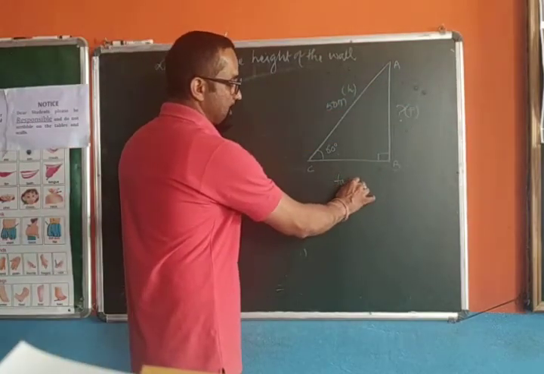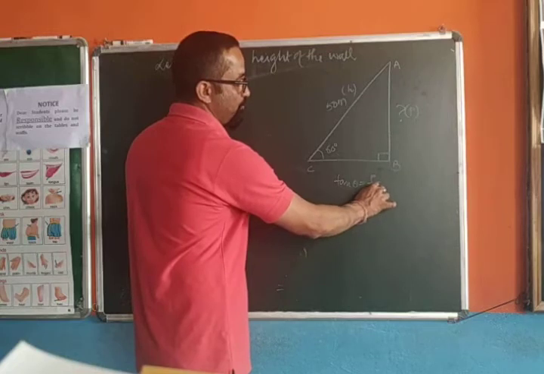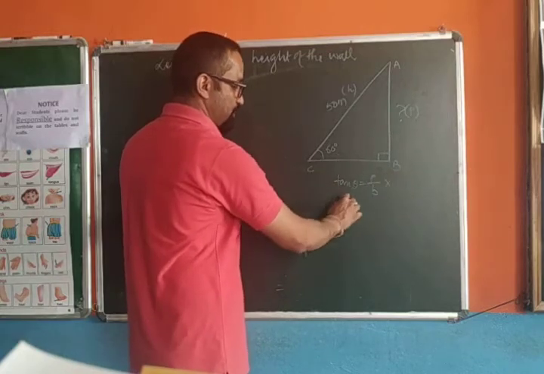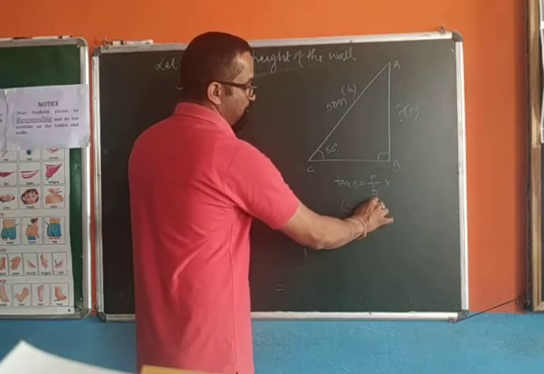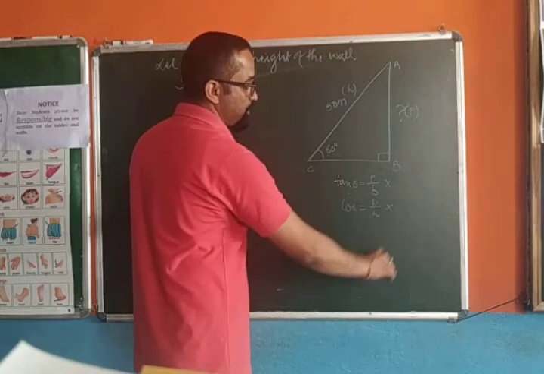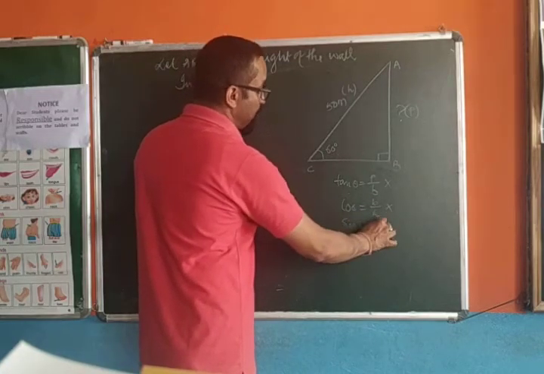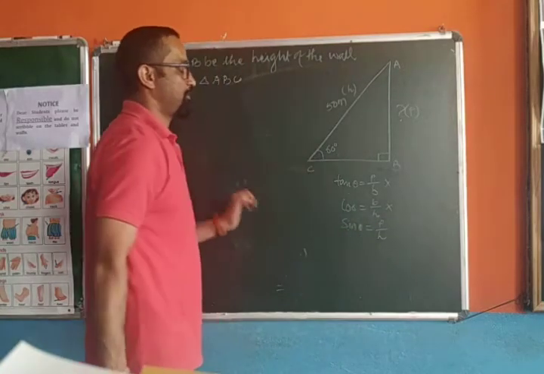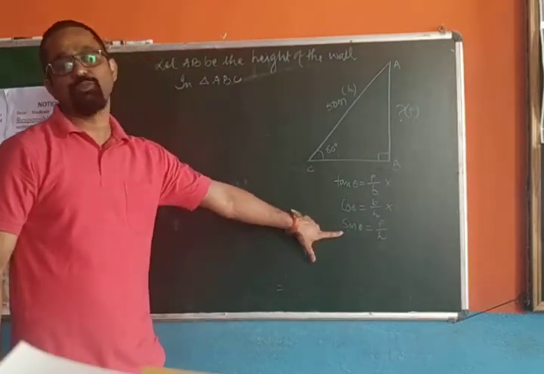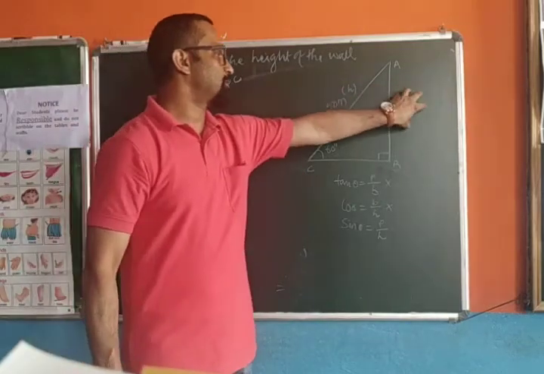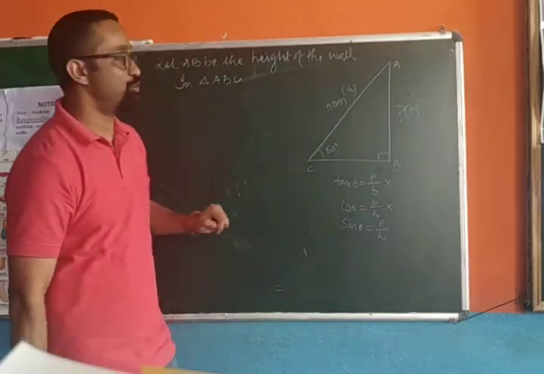You can't use tan because tan is perpendicular upon base. Can't use cos, based upon hypotenuse. You can't use sine... Sine is perpendicular upon hypotenuse. So sine is the trigonometrical ratio which has perpendicular and hypotenuse.